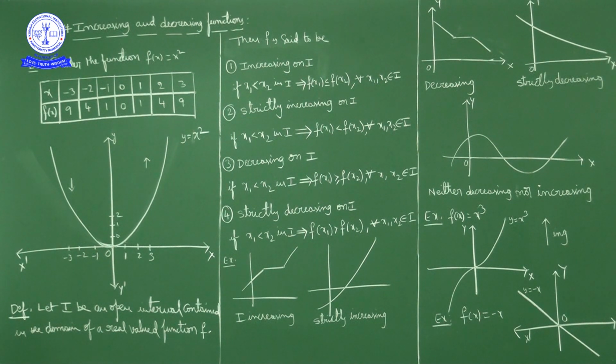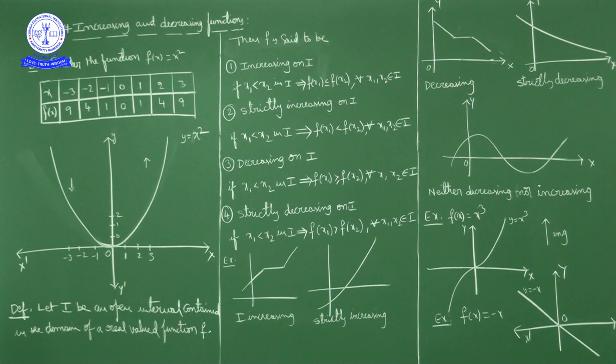It means if x1 is less than x2 and f of x1 is less than or equal to f of x2, the function is an increasing function. Strictly increasing means no equality: simply if x1 less than x2 in I, f of x1 less than f of x2 for every x1, x2 belongs to I. Increasing means equality can be there: x1 less than x2 in I implies f of x1 is less than or equal to f of x2 for every x1, x2 belongs to I. This is the increasing condition.